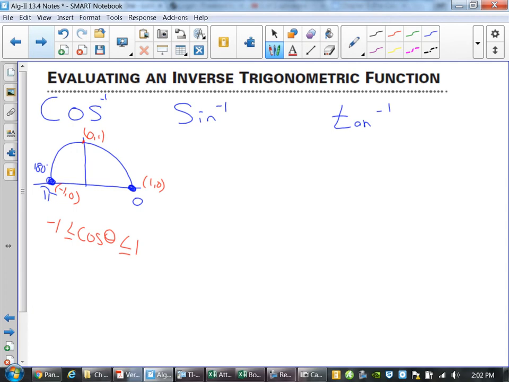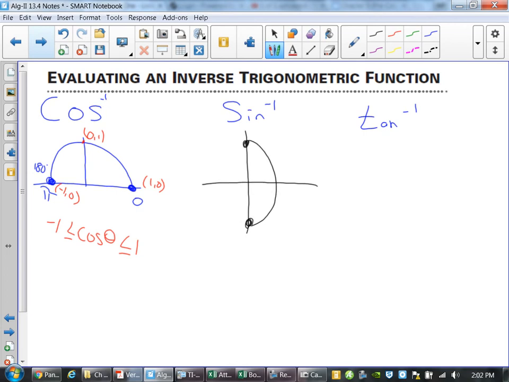When you look at sine values, it's a little bit different. Yeah, first and fourth. I might have shown you that already. Sine values go between the first quadrant and the fourth quadrant, but they don't call that 3 pi over 2.